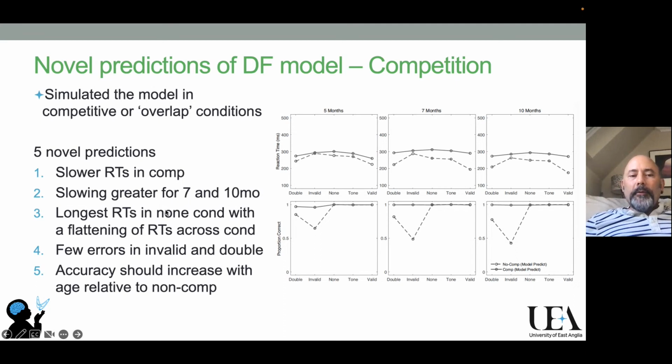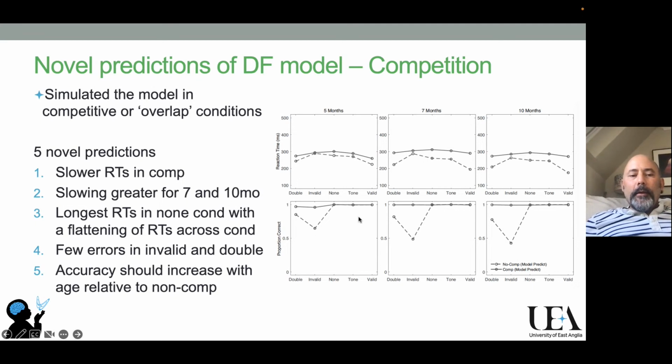We also see reaction times are longer in the none condition here, the middle one, with a flattening of reaction times across conditions. That contrasts with the standard Iowa conditions where the slowest RTs were in the invalid condition shown here.